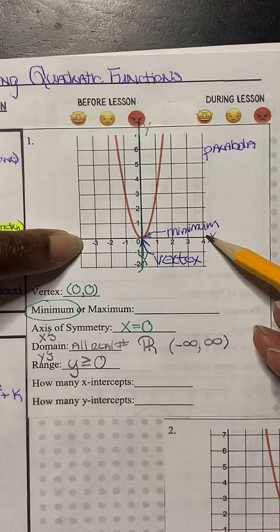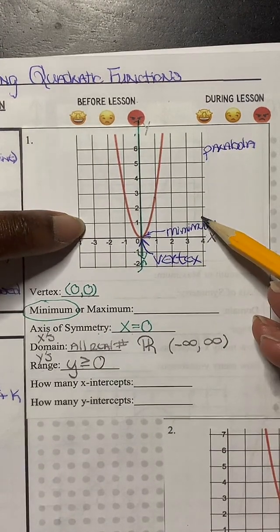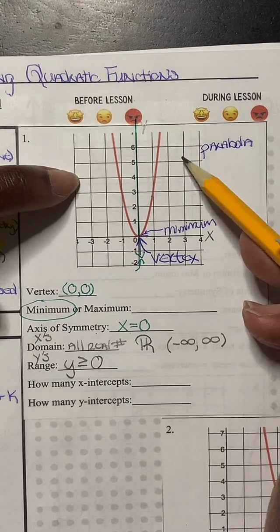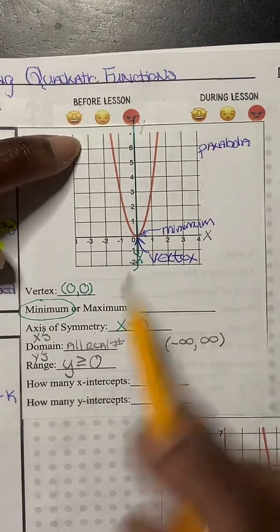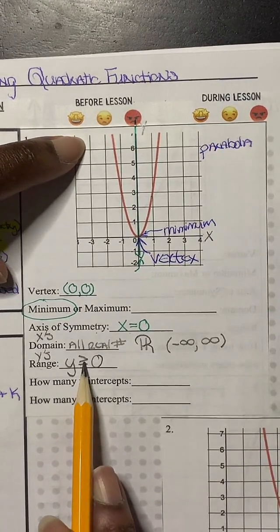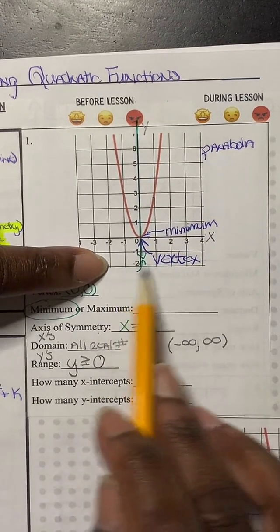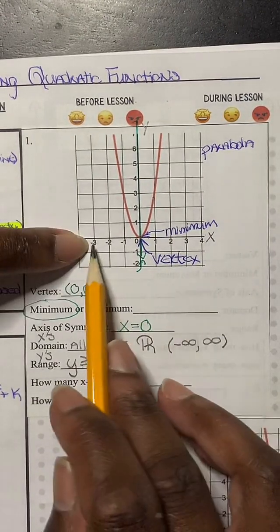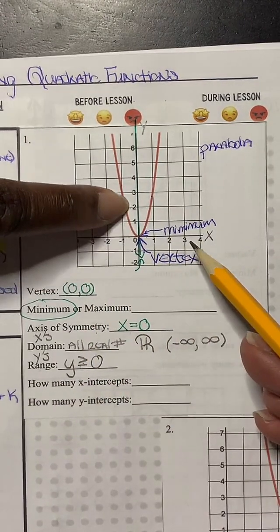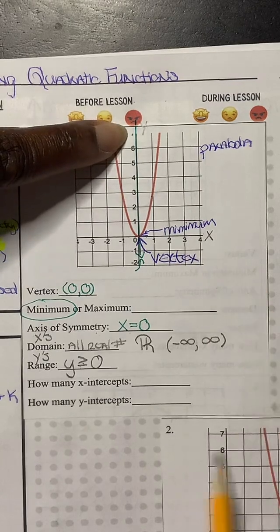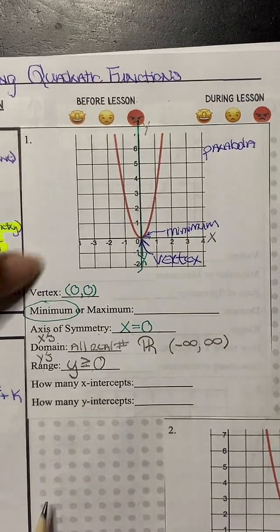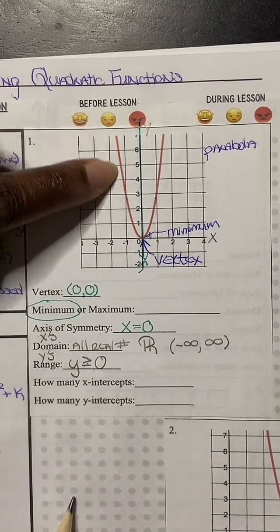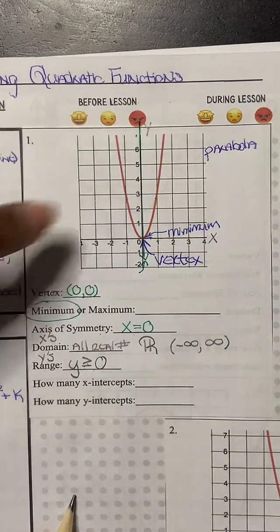And since it is dealing with numbers for the y-axis, as it's increasing all the way up to positive infinity, it's going to be greater than. Because it's not dealing with negative numbers at all. It's only dealing with positive numbers on the y-axis. So that's why it's going to be greater than. And it's equal to because it's a solid line that's drawn.